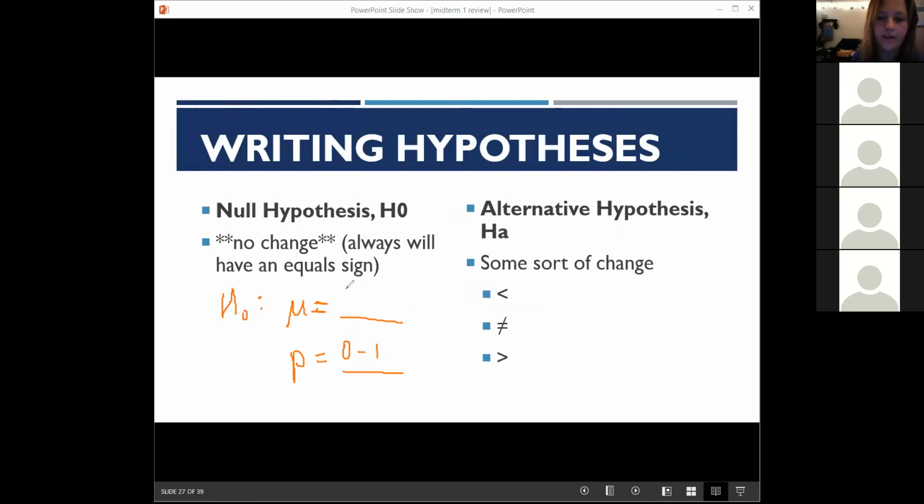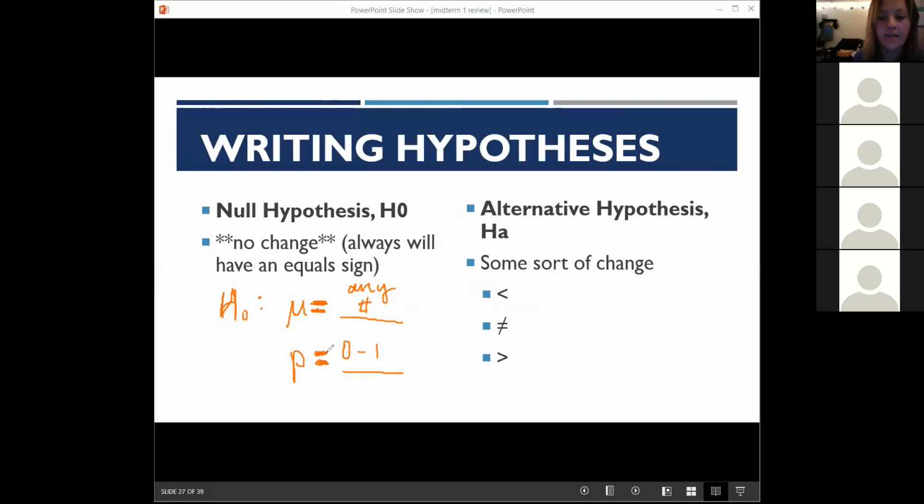These are basically your two options for writing your null when you're talking about one variable. It's different, obviously, if you have a p1 and a p2. But if you have one variable, these are your two ways to write your null hypothesis.